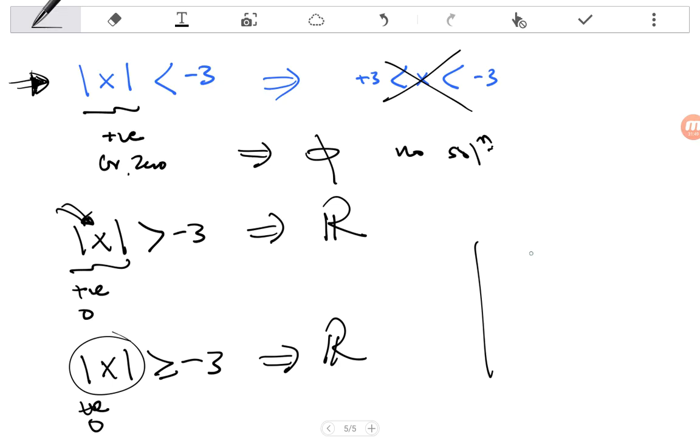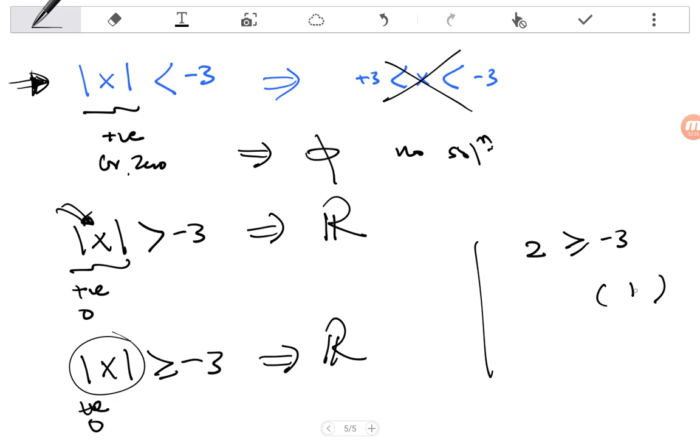What if I told you, is 2 greater than or equal to negative 3 or not? Is this true or false? What would you say? 2 greater than or equal to negative 3. That is a true statement or a false statement? True. You say that is true.